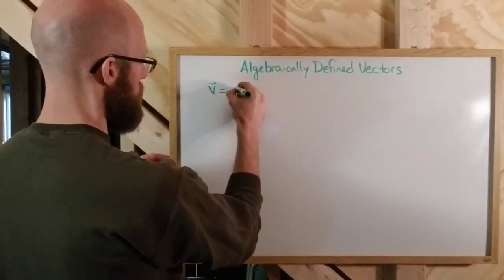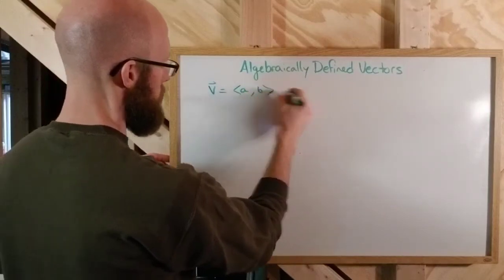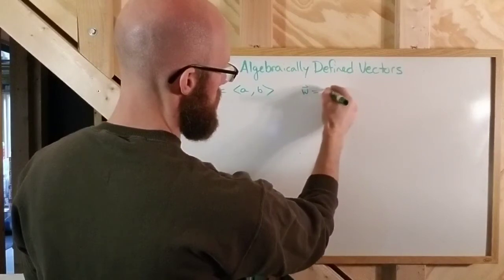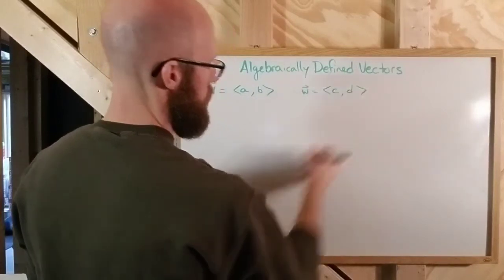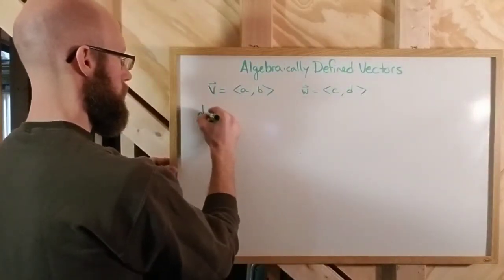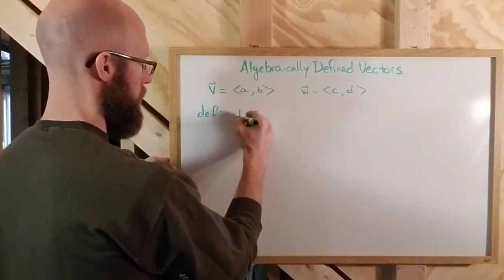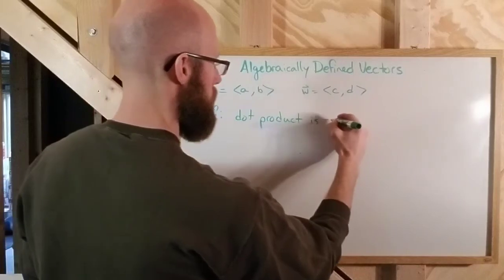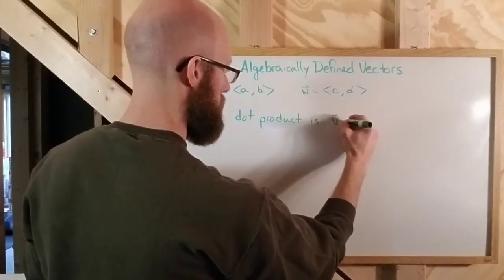So again, if I have vector v is a comma b, and vector w is c comma d, then we define the dot product as v dot w.